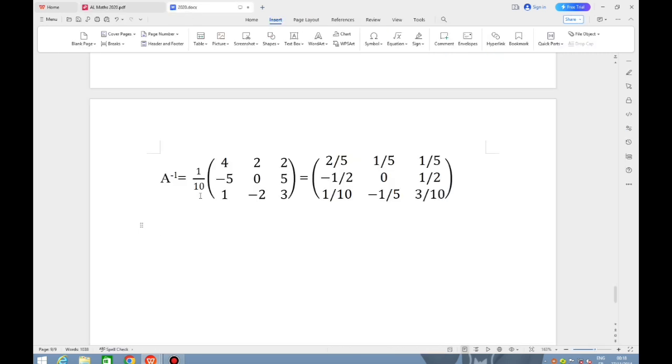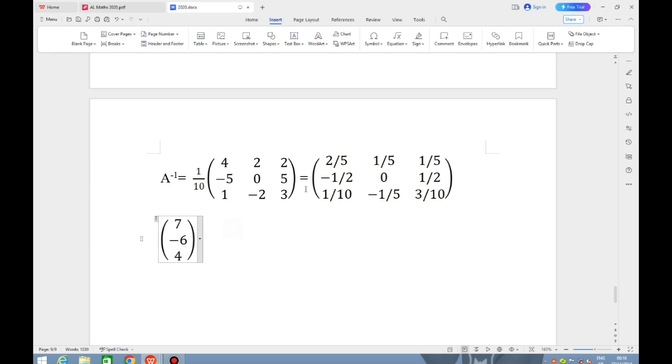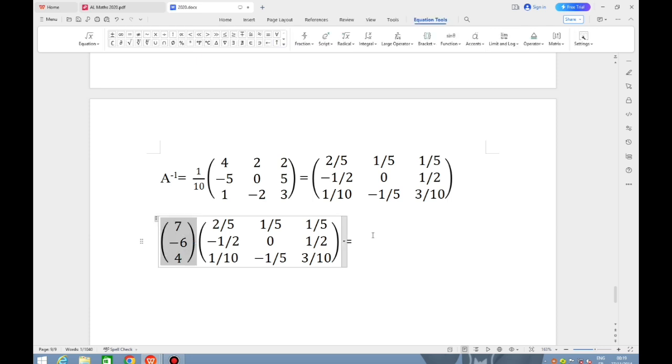So we're going to do it like this. We're going to input a matrix with the values 7, negative 6 and 4, multiplied by the inverse of A, which will be equal to x, y, and z.